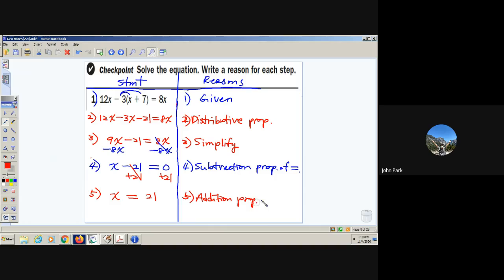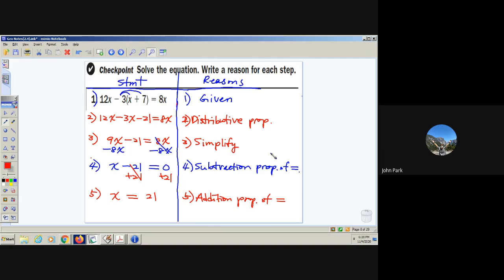Okay. So you probably didn't write the reasons when you did problems like this in algebra class, but you probably are aware of some of those reasons or properties, even though you might not have to write it, right?